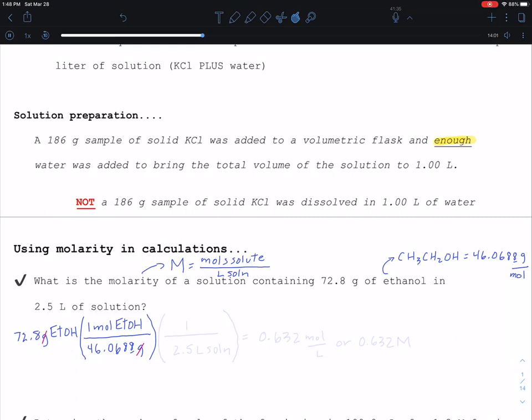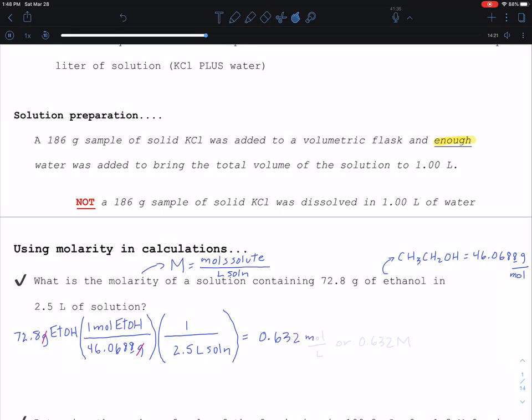So if I want to know the molarity, I need to divide this by 2.5 liters. And what I get is 0.632.